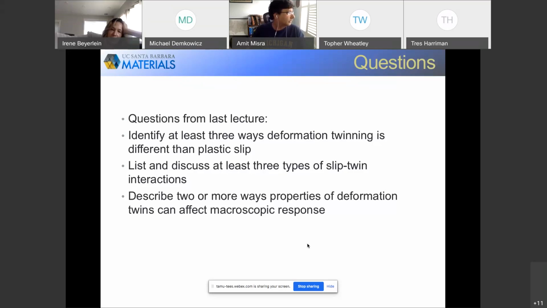The second question is to list and discuss at least 3 types of slip-twin interactions. And the last one was to describe 2 or more ways properties of deformation twins can affect macroscopic response. Some of these answers are in a way embedded in the discussion I gave on Monday. These aren't meant to be trick questions, just to catalyze more discussion.